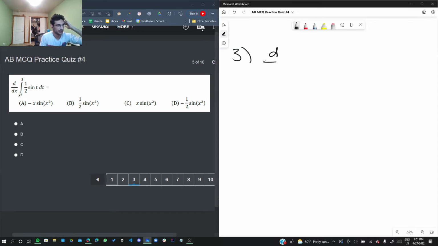Okay, we have the derivative of the integral from 3 to x squared of half sine t dt.